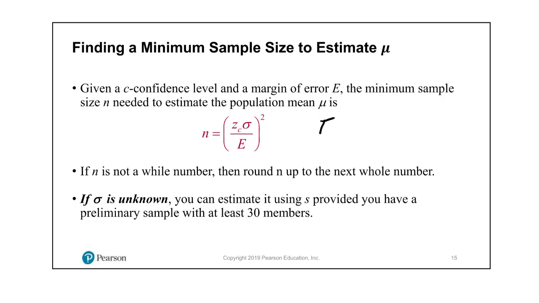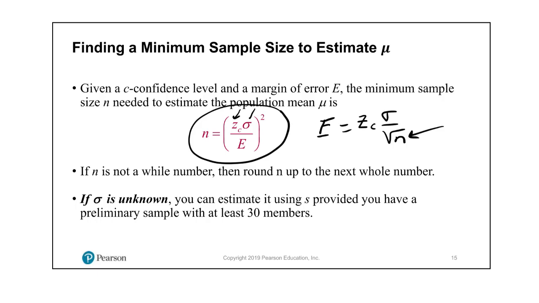If you remember, we had E equals z_C times sigma over the square root of n. If we solve for n, then we get this expression. We're just plugging in the critical value of z, the population standard deviation, and the given margin of error.